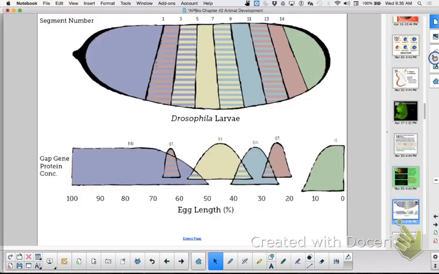Yeah, morphogenesis is the process, but morphogens are the things that are actually triggering different genes. Let me simplify it.